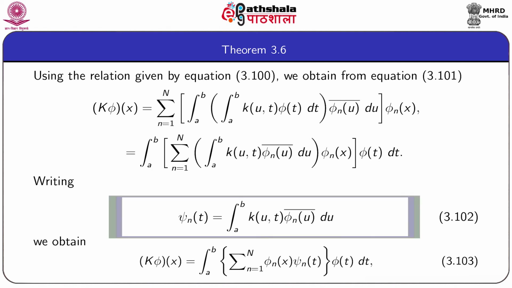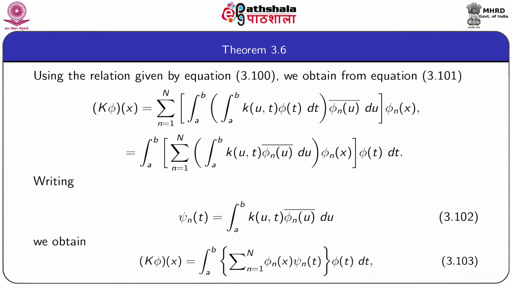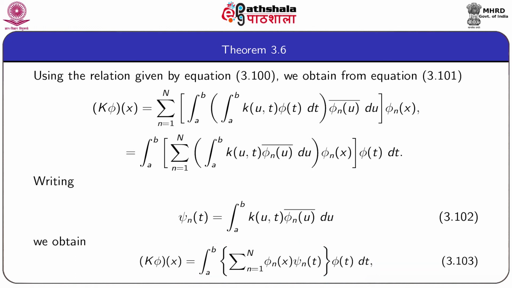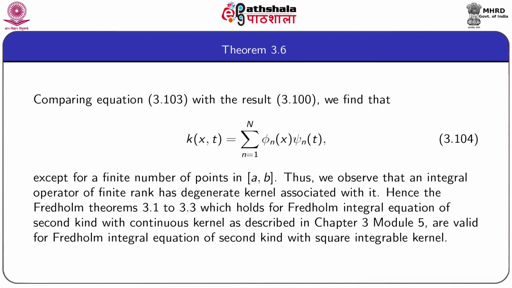Now, we write the term in the first bracket of this expression, that is the integral a to b of k(u,t) phi n bar(u) du, as psi n(t), which is given by 3.102, so that K phi(x) becomes equal to the integral a to b of the summation phi n(x) into psi n(t) phi(t) dt, as given by equation 3.103.